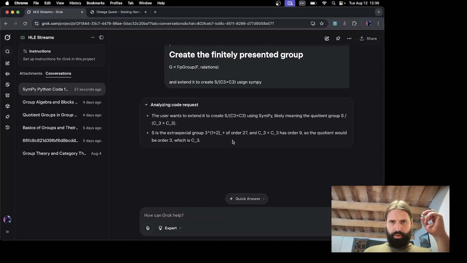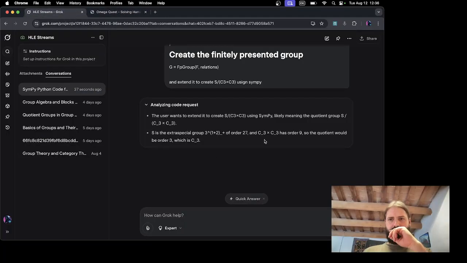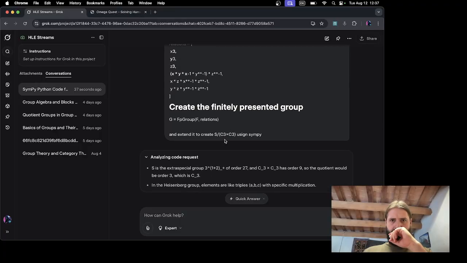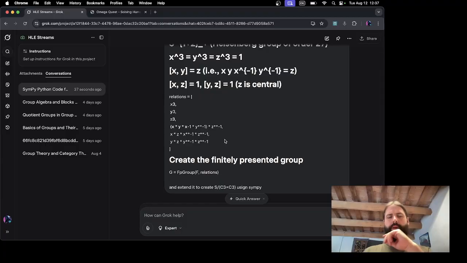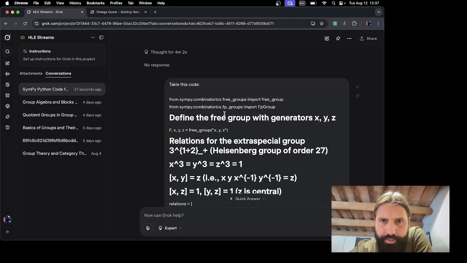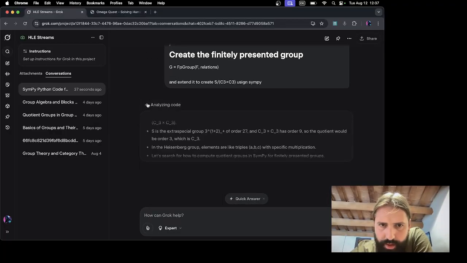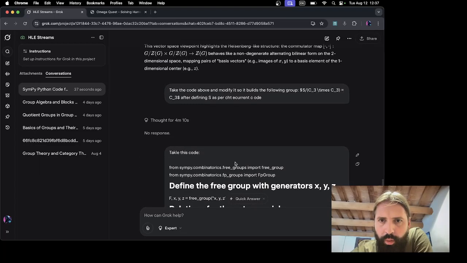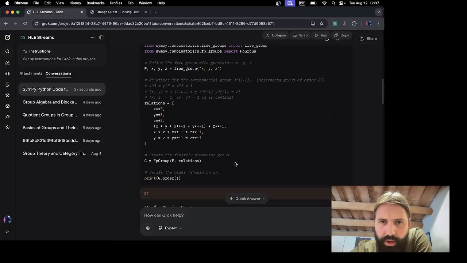So while it's thinking, analyzing code requests, let's go and look at the code again.